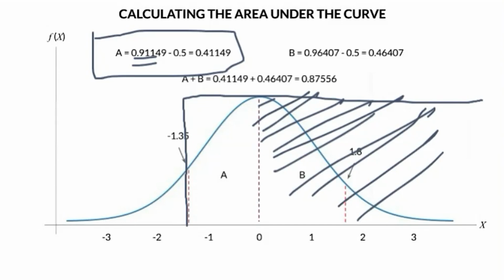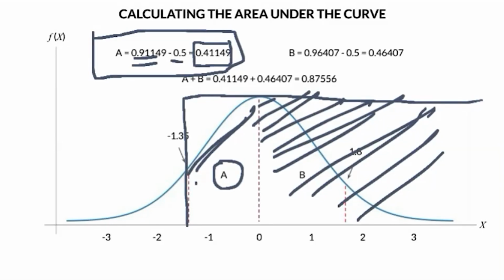From extreme right to 0 has to be 0.5 because total is equal to 1. Very simple. So the area under the part A is 0.91149 minus 0.5, which is this value here, 0.41149. Okay, so basically 41% of my population is in the region A.